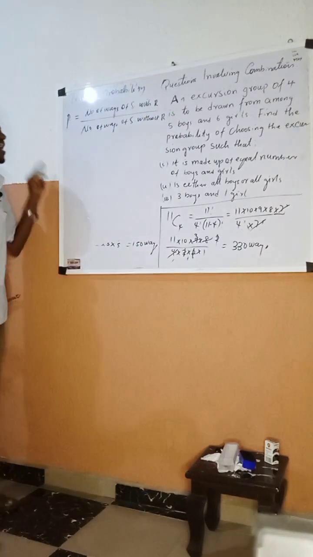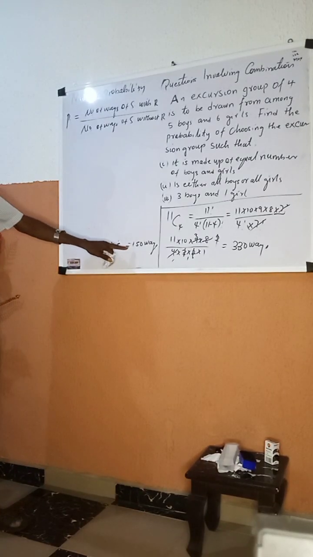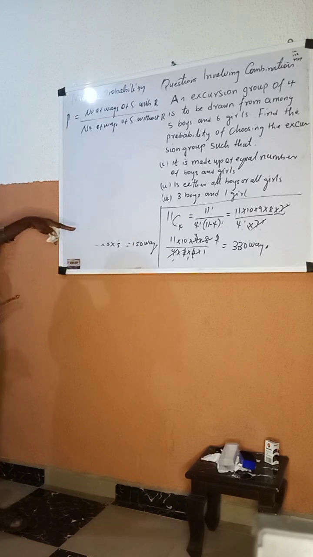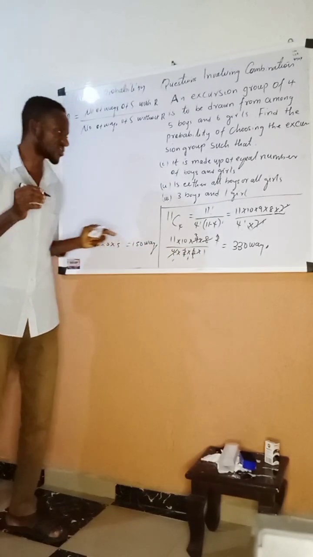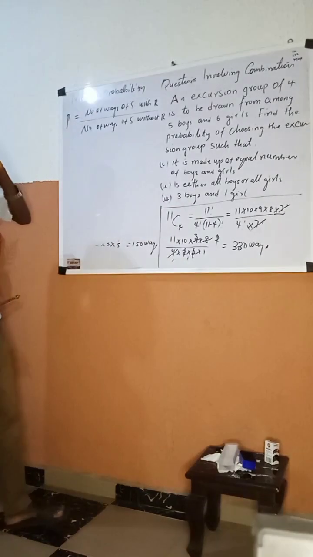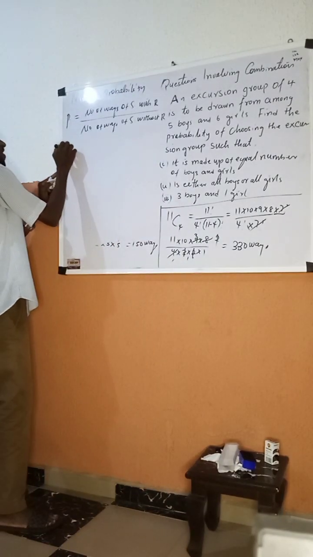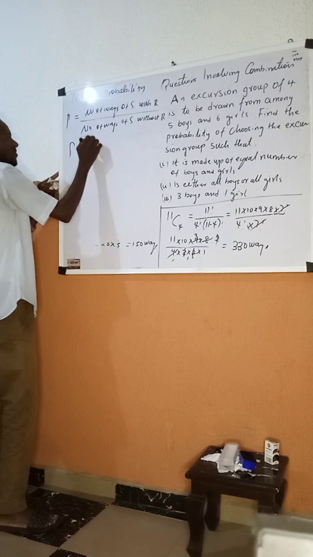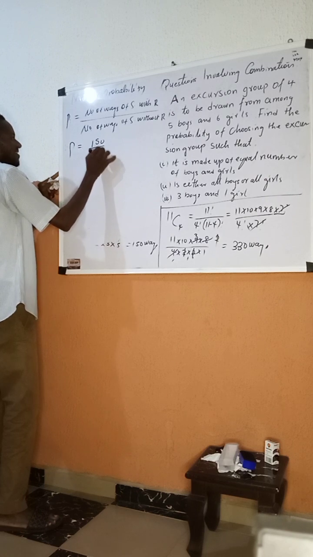And of course, earlier on, we had got that the number of ways of selection with restriction is 150, and the number of ways of selection without restriction is 330. Therefore, probability P equals 150 all over 330.